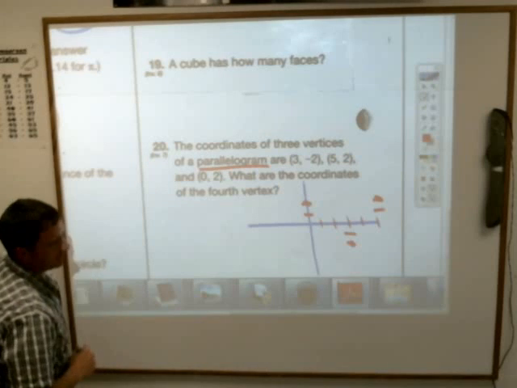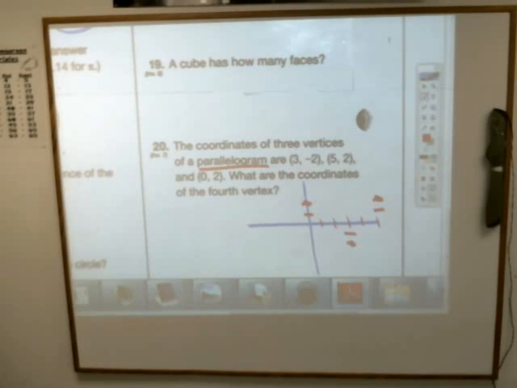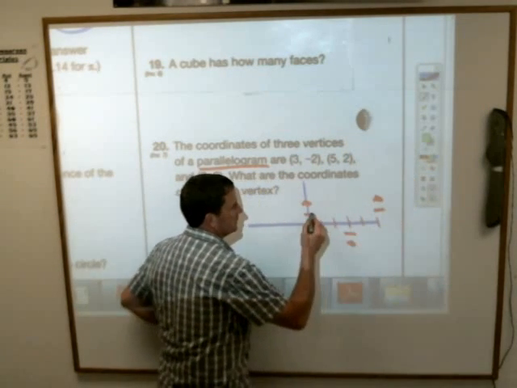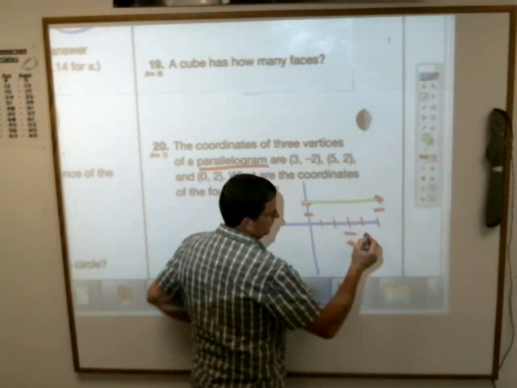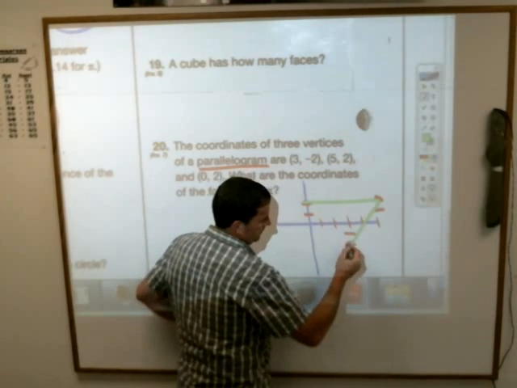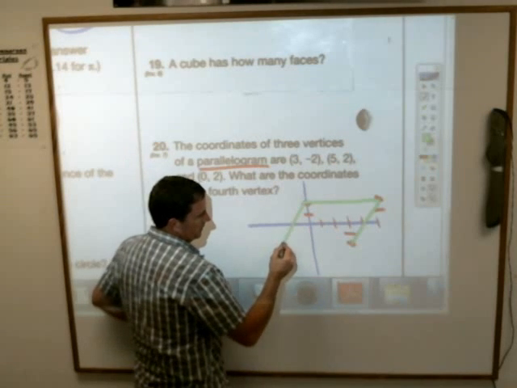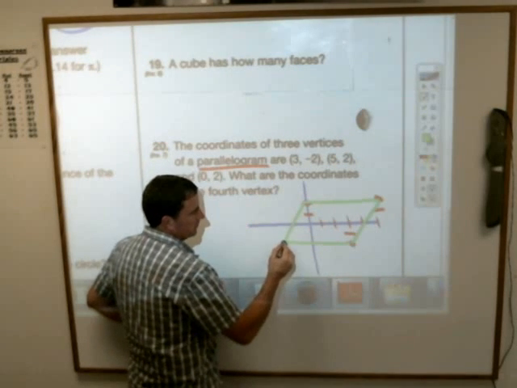Now, the reason why there were so many choices to the answer is that it depended on how you drew your particular parallelogram. To me, the most obvious choice is you go across here, you go down here, and you need to find what the other point is over here that makes that parallelogram.